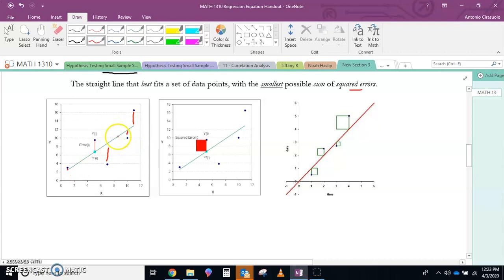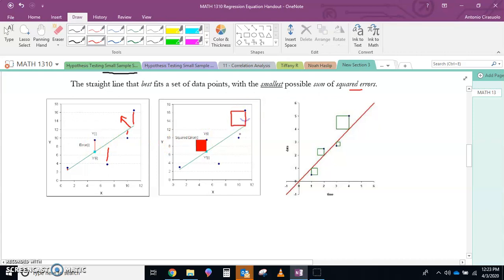So you can see that if we were to shift this line upward, this error gets smaller. Same with this. Depending on where it pivots, this can also be brought down. So this error increases. At the same time, this error would increase and this would increase. But if you picture them as squares, each one of these is a square.